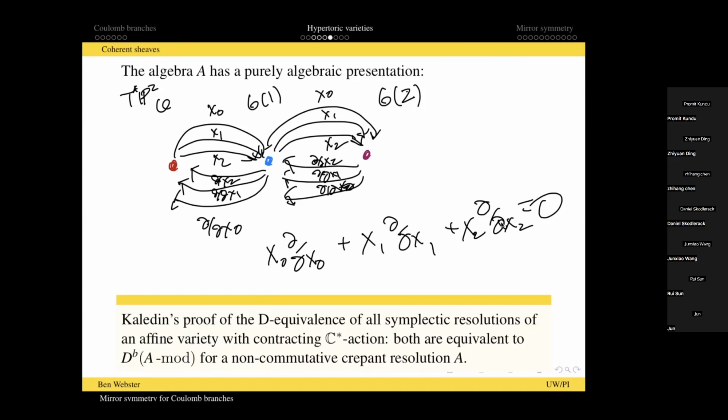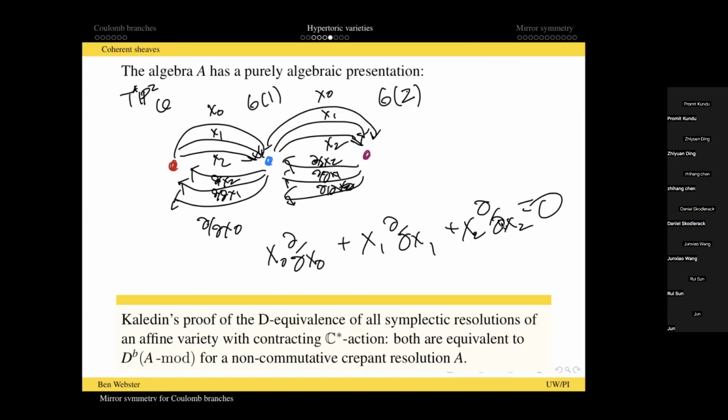Right. Any further questions? Yeah, I have a question, but maybe just this tilting generator you mentioned. Do you know other places where the tilting generator exists? Like for let's say for a K3 surface? Well, I can't tell you anything about that because it's not a resolution of something affine.